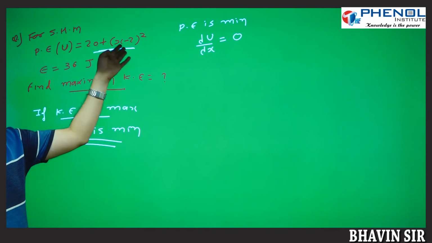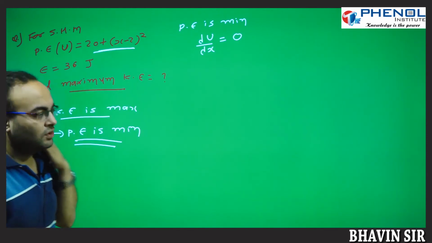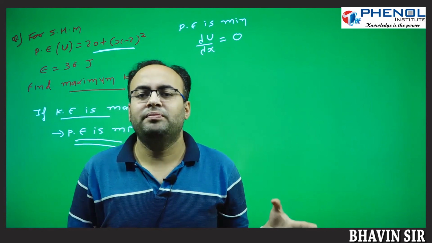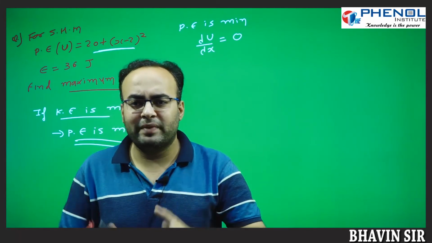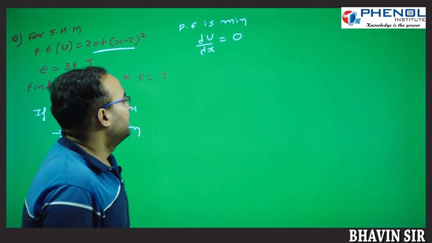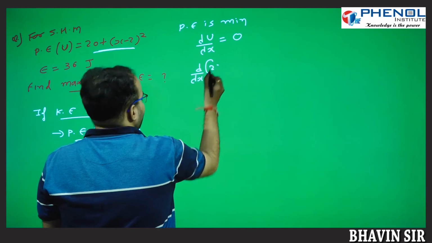Potential energy is in terms of x, so differentiation is with respect to x. Why do we take the differentiation of potential energy as 0? Because potential energy is minimum. So what is the potential energy now?